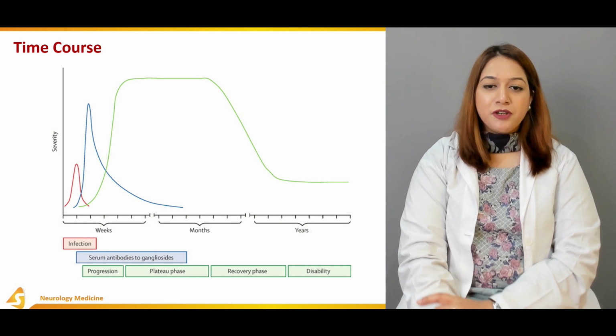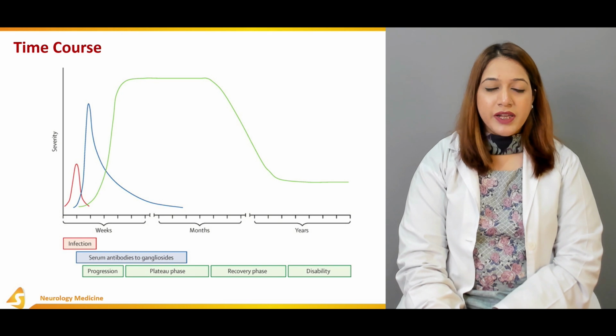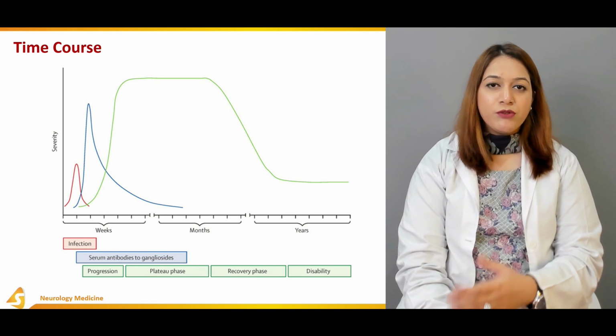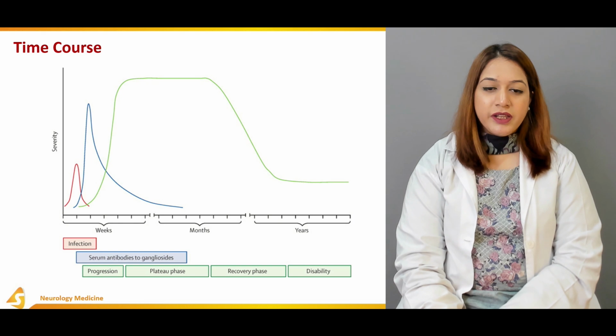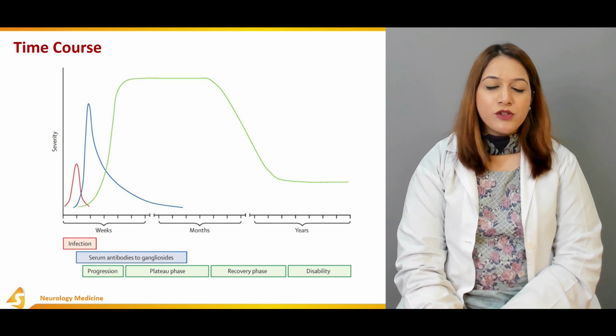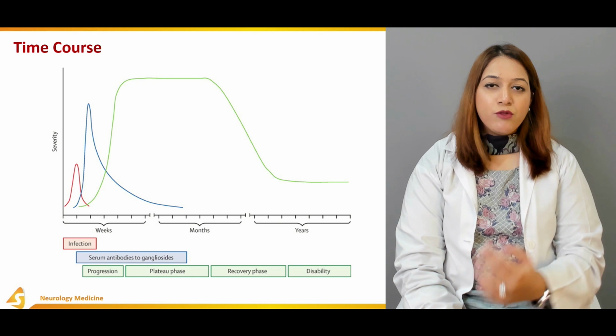We can detect antibodies in the serum against gangliosides, and antibodies vary according to the type of GB syndrome. Then after the progression phase, there is plateau phase. In this phase, the symptoms are persistent and unchanged, and it is followed later by the improvement of the symptoms.